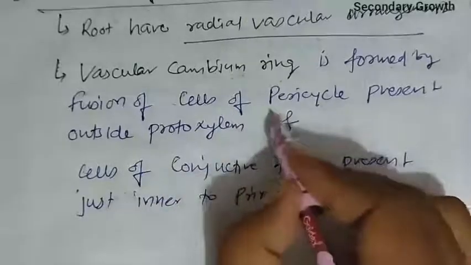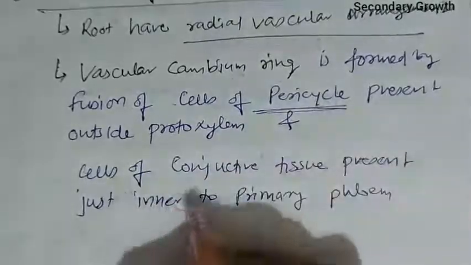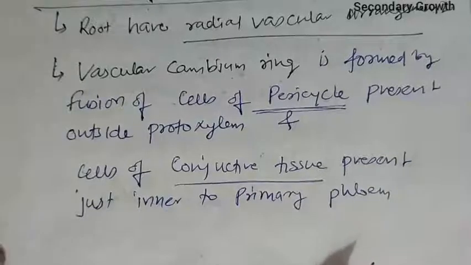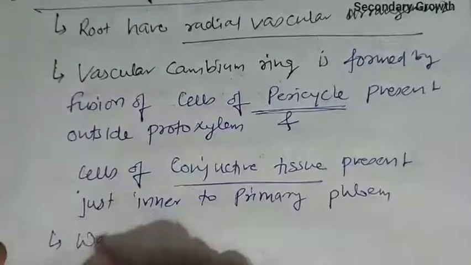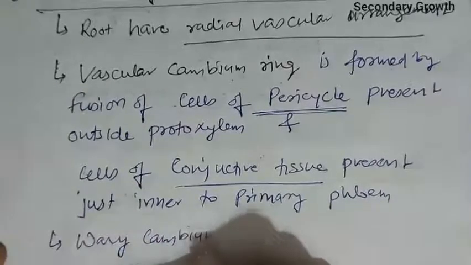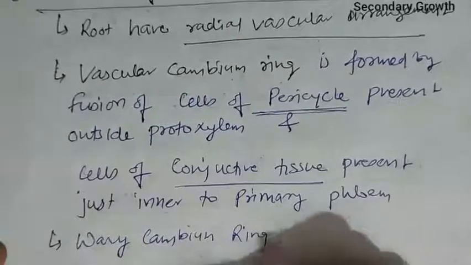So this is formed by the fusion of cells of pericycle and cells of conjunctive tissue, and by the fusion of this, a wavy cambium ring forms.